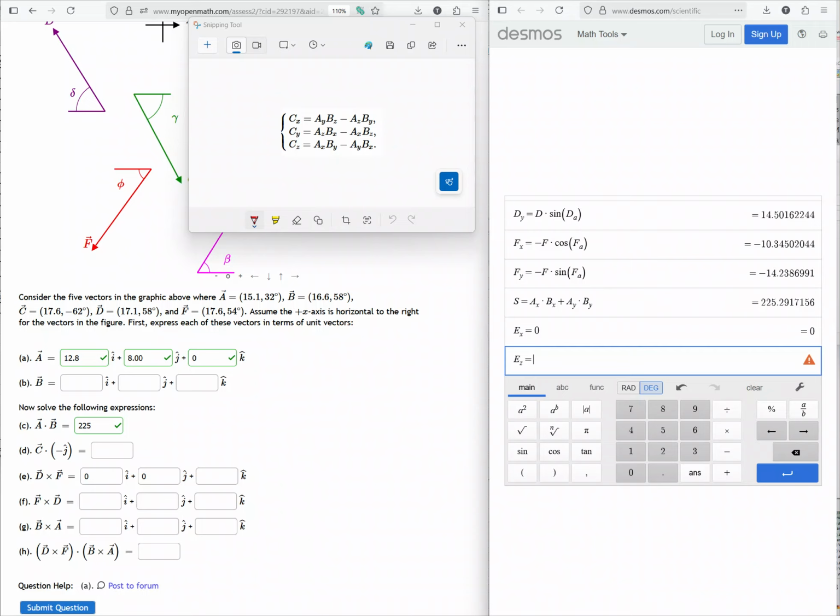So instead of A, we said we have D. So that's going to be DX times, instead of B, we have F. So that's going to be F sub Y minus D sub Y times F sub X. So we got it here as 279.